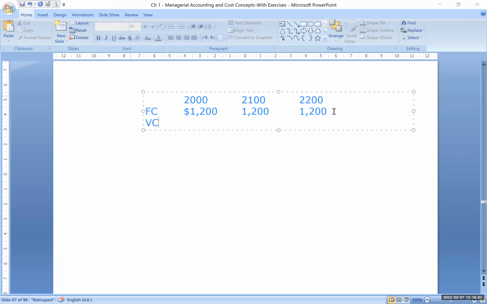So for the first level, we say 0.22 multiplied by 2,000. This equals 440. This will equal $440, calculated from 0.22 multiplied by the level of activity, which is 2,000, right?